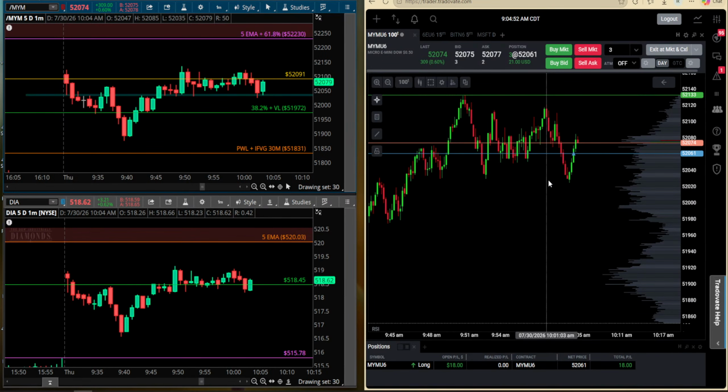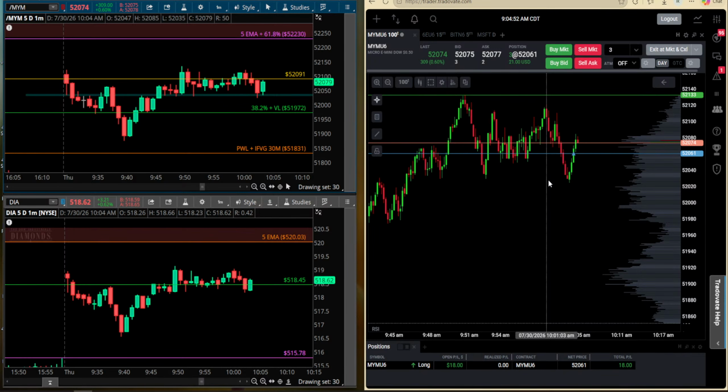I think looking at this is a 1 minute candle, right? On the TradeAway chart, we have 100 ticks. I just brought the 100 ticks on the TradeAway chart to see if I get a very small confirmation, because I was trying to see if there is any small time frame confirmation for long about this opening range high.